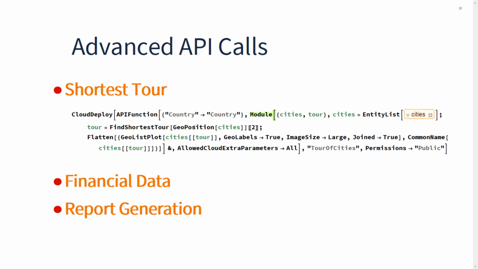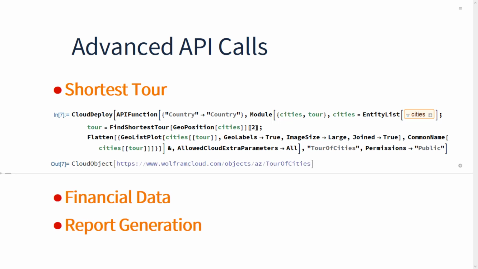It does the find shortest tour of all those cities, and then what we're returning is a geolist plot of that tour with a list of the cities in order of which city you visit first. So this has already been pre-run. I suppose I could run it again. It doesn't hurt to do that. It will just overwrite my previous API.